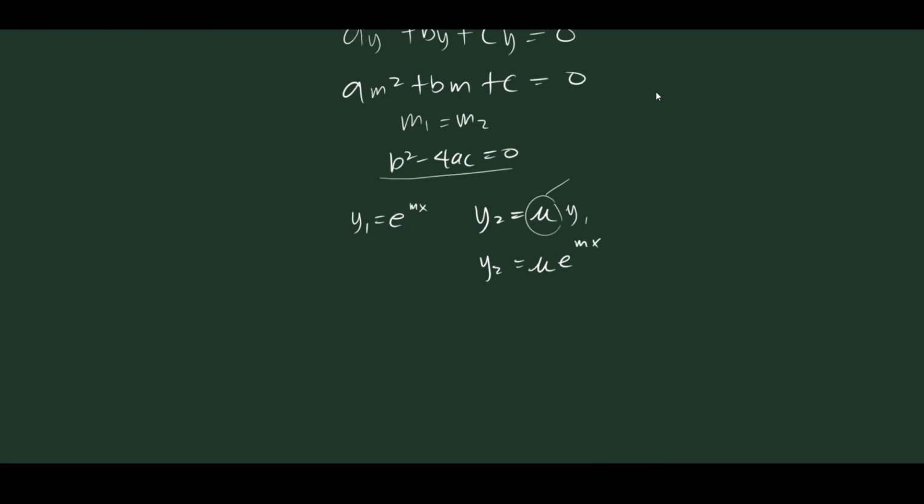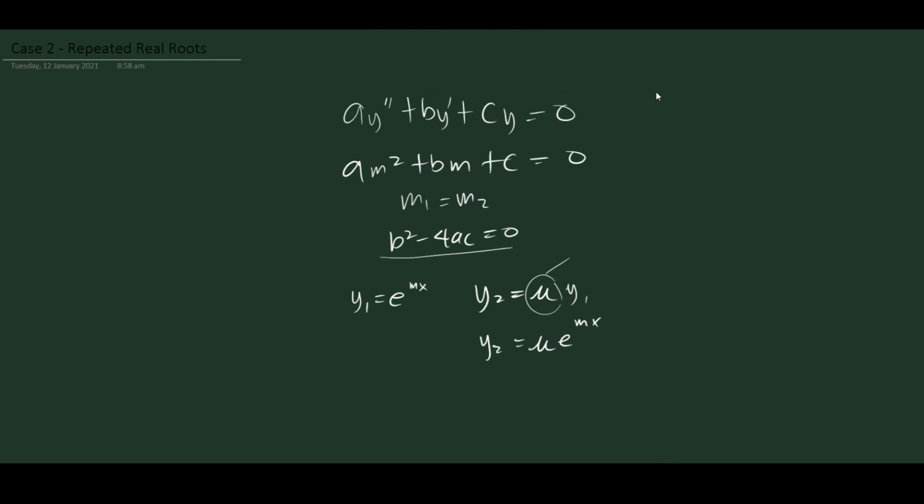Okay, so let's get the first and second derivative of y2 first before we substitute it into our original equation here. So y2 prime is equal to mu prime e raised to mx plus mu m e raised to mx, right? Then what about y2 double prime? We have mu double prime e raised to mx plus mu prime m e raised to mx, and then plus mu prime m e raised to mx.